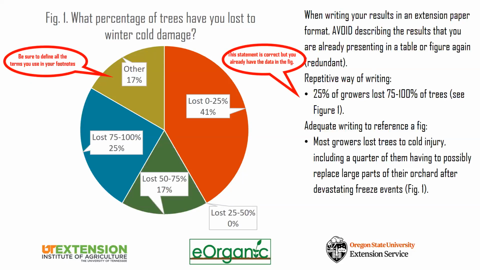And then here, this is something that we were talking about with Annette when we were reviewing this PowerPoint. I was looking at the other section, and the figure doesn't really tell me what other means. So be sure to define all of the terms that you use in figures in your footnotes. In this case, other specifically meant growers that were interviewed but have not put trees in the ground yet.